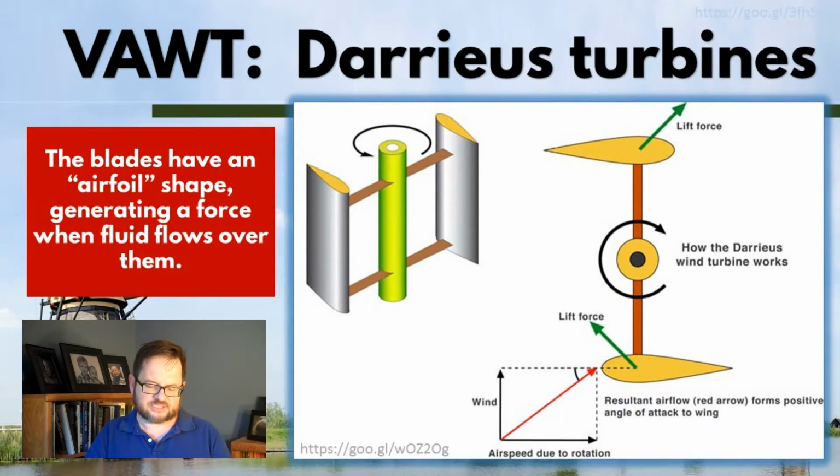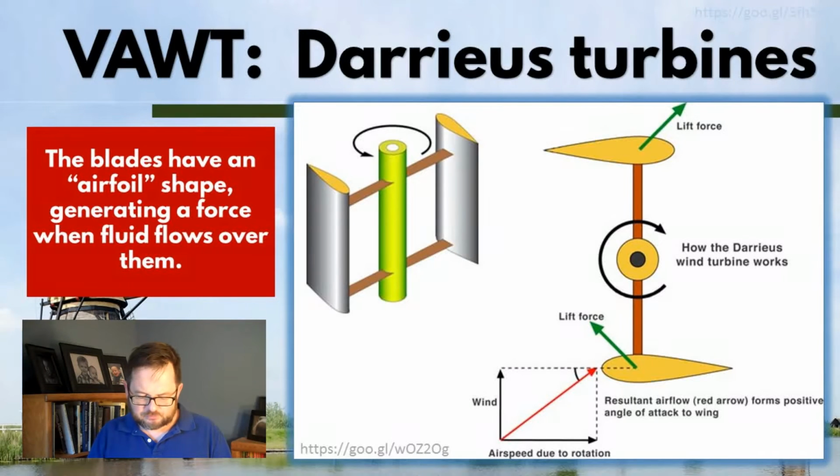It generates a force. On this diagram you can see here, as it is rotating in the direction the arrow is going, it's generating a force with a component in the direction of rotating the turbine. So the blades have this airfoil shape, and once air starts flowing over them, they create a force by extracting kinetic energy from the wind that makes the turbine spin.